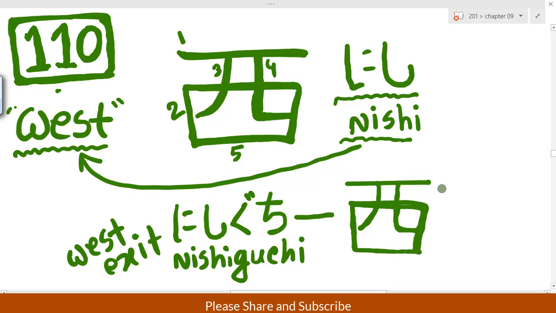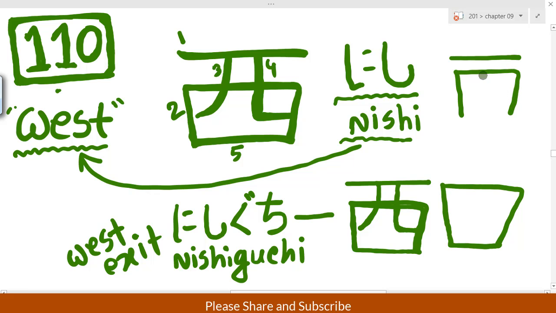So nishiguchi. We know guchi, the kanji of guchi. So this is guchi. The total in nishiguchi. So again the stroke of kanji, first and second, third and fourth, fifth.